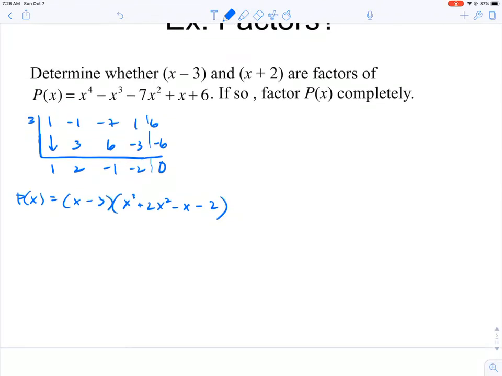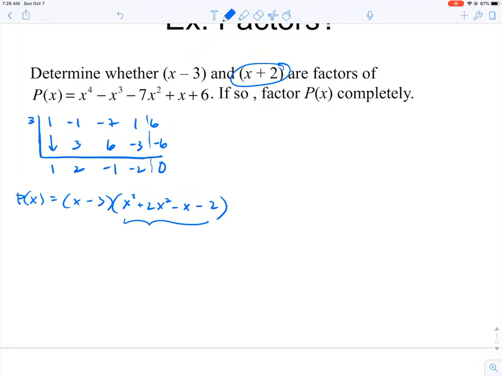And then we now want to see whether or not x plus 2 is a factor of p of x. Well, if x plus 2 is a factor of p of x, then it should divide evenly into x cubed plus 2x squared minus x minus 2.